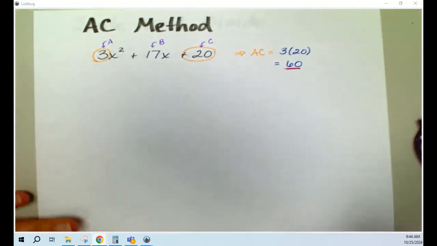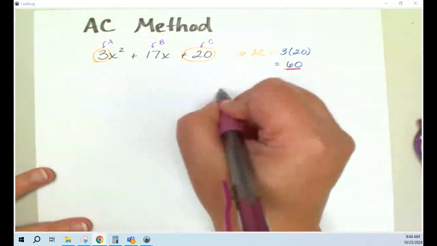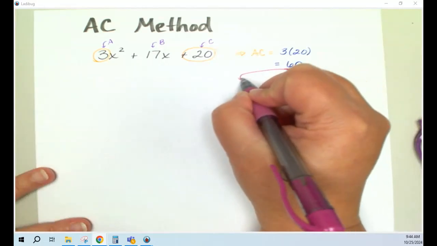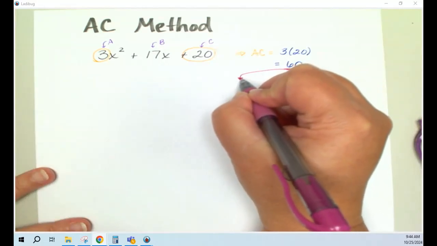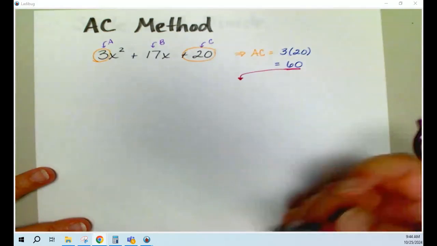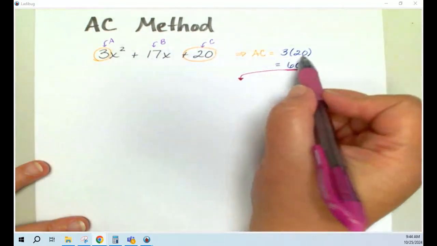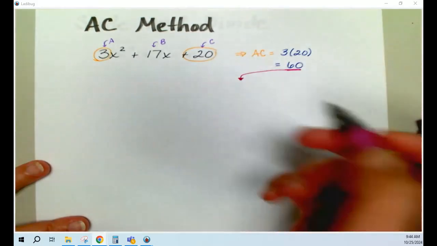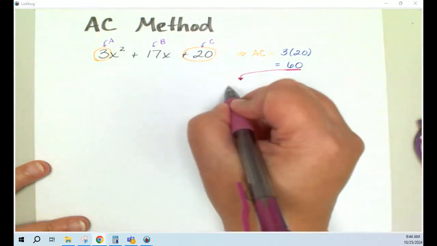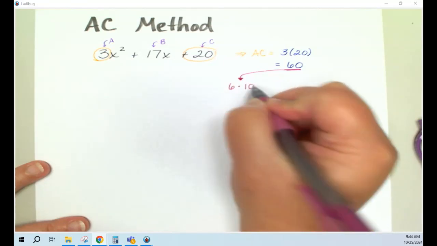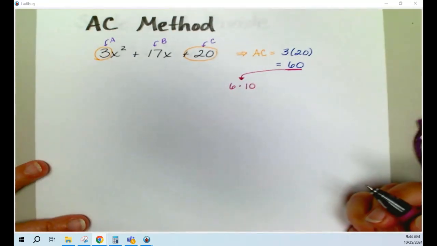All right, so let's look at 60, and we'll go right here first. So two numbers that will multiply together to get 60. We already know like 3 times 20 will do that. But let's look at 6 times 10. That might be something I go for.